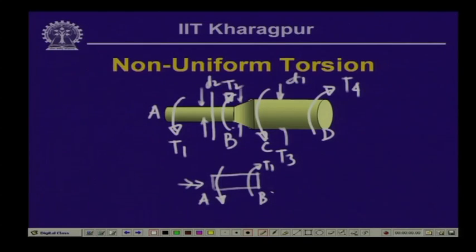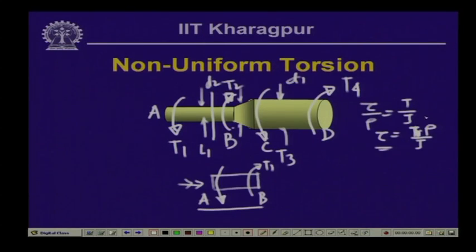So, over the length A B, if we say length A B as L 1, we can compute the value of the stress from our relationship tau by rho is equal to T by J over the length L, and this gives us a stress tau equal to T times rho by J, where T here is equal to T 1 for the present case, and over the length A B this will be the stress.